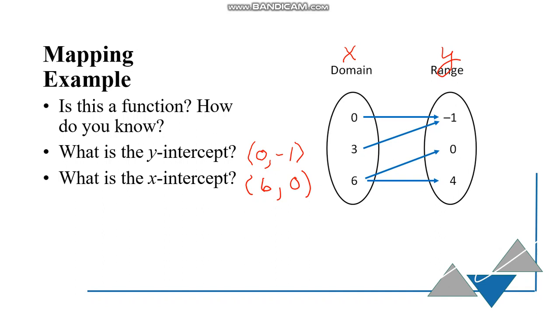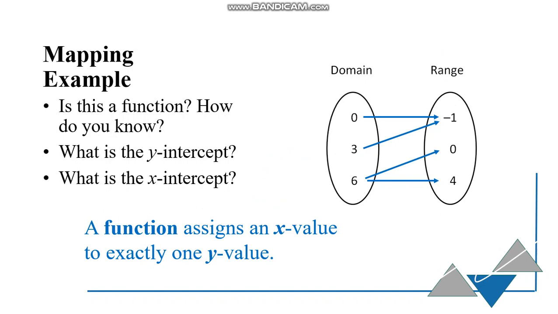Is this a function? Well, let's go back and look at our definition of function again. A function assigns an x value to exactly one y value. So this is not a function.